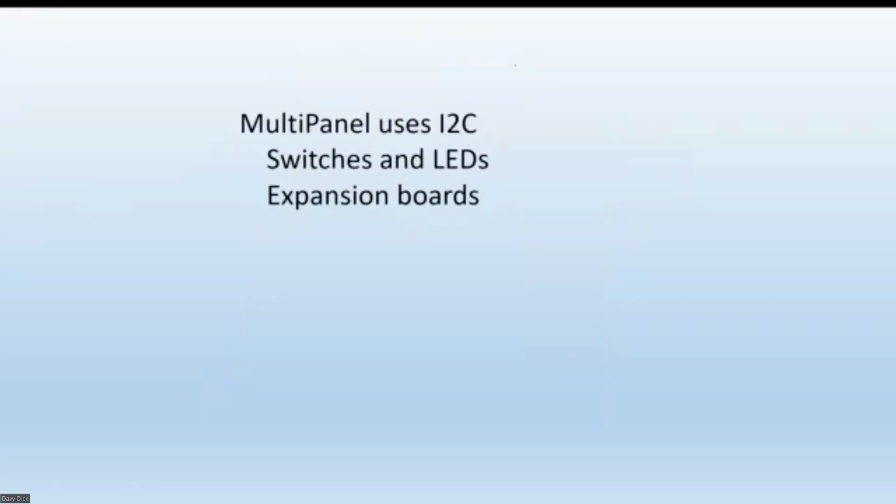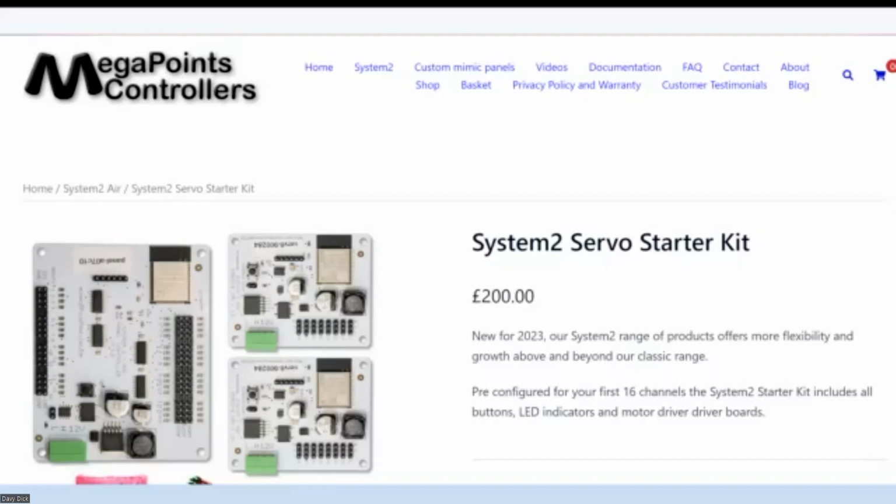They also do one called Multi-Panel, which uses the I2C for switches and LEDs. But what I want to look at finally is the one they brought out very recently. New for 2023, the System 2 from Megapoints. Not sold in the kit locker, but sold through Megapoints themselves.